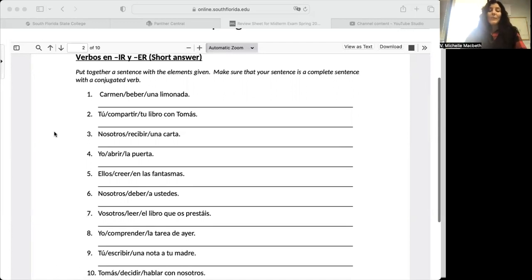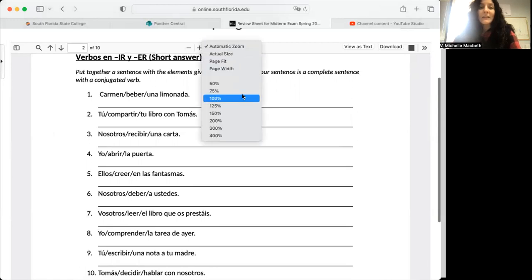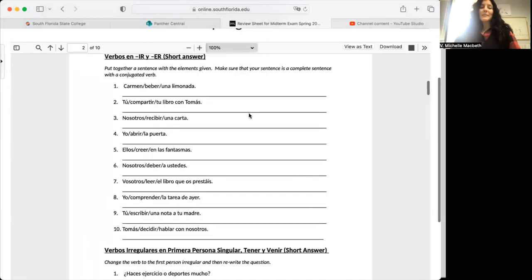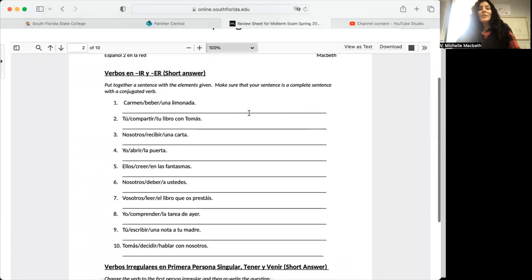Okay, so now we have, let me see if I can make it a little smaller. Let's go 100%. Okay, that's better. All right, so what would we do with this? This is what I would do. Again, what is the first thing I want to have?